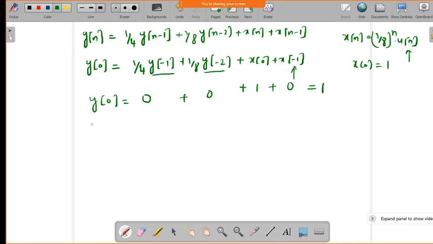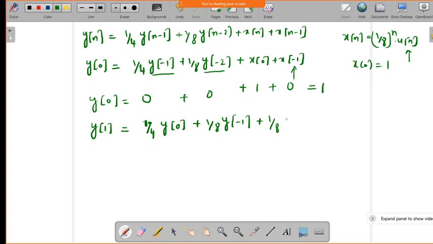Okay. And similarly you find out what is y of 1. So which is equal to 1 by 4 into y of 0, plus 1 by 8 into y of minus 1 plus, so what is x of 1? If you put n equal to 1, you will get 1 by 8. Okay.